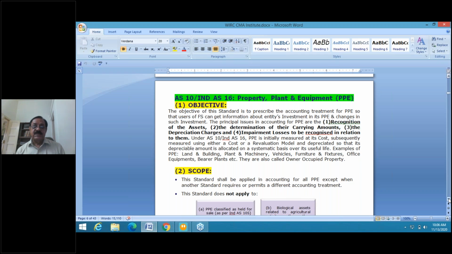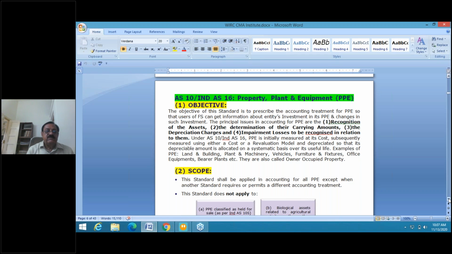Then fifth is measurement, at what value the assets, liabilities, income, expense are to be shown in the books, measurement initially as well as subsequent measurement. And lastly, sixth part is regarding disclosures. So in all, every AS has been divided in 6 parts: objective, scope, definition, recognition, measurement, and disclosure. So accordingly, I have tried to explain you in this lecture.